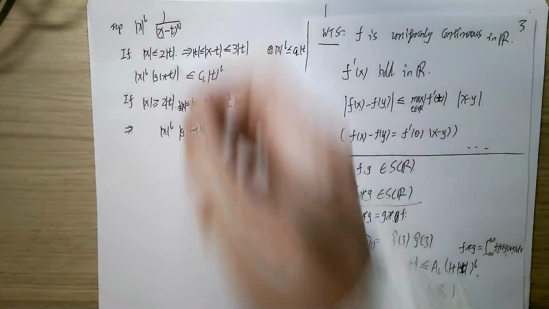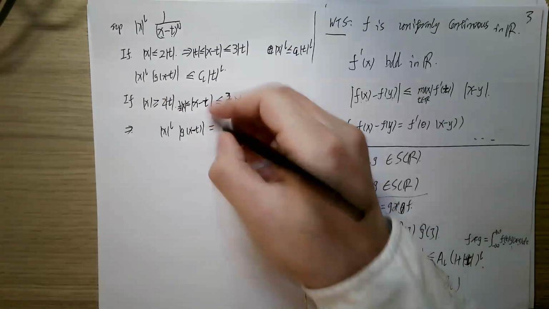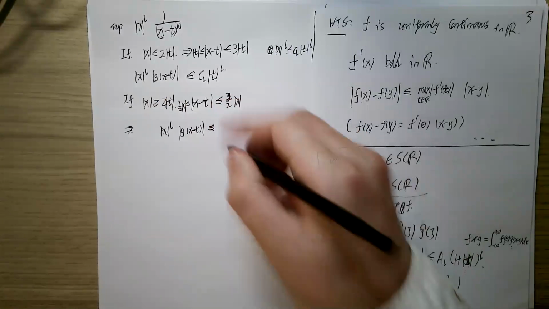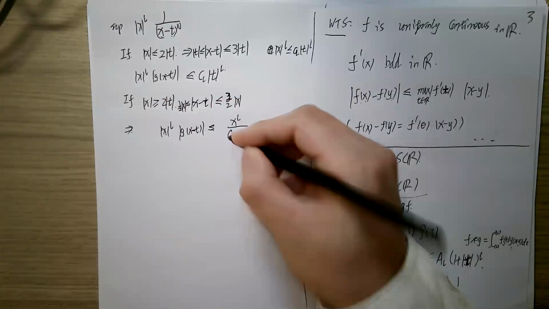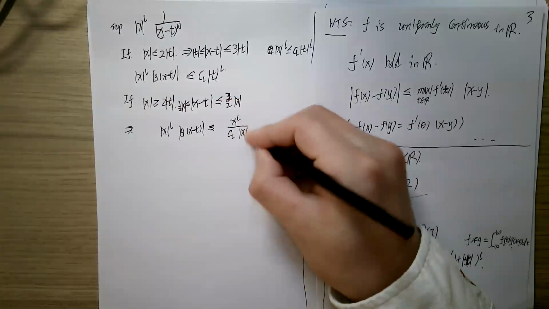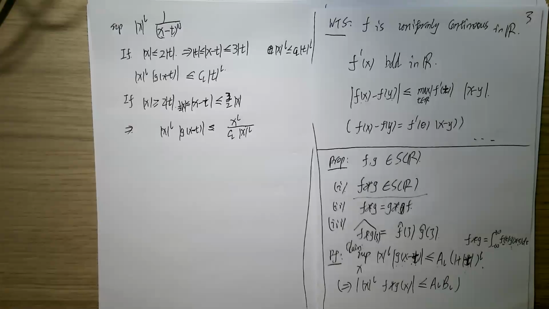We can take n equal to, say, L, is bounded above by x to the power L, divided by something that depends on L, x to the power L. Right?